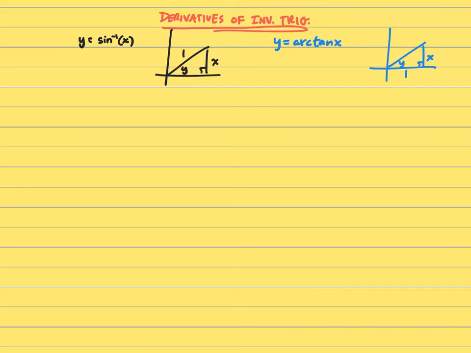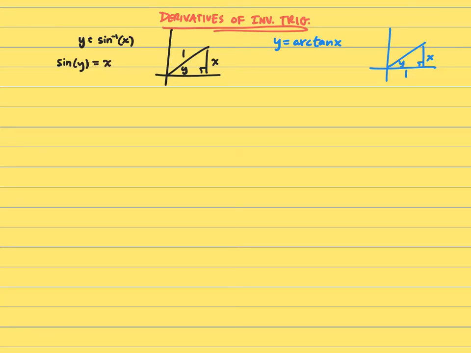So here I've sketched the inverse sine function in the form of a right triangle. Right? So if y, an angle, equals the inverse sine of x, then a right triangle with an acute angle of y would have a sine of x over 1. Now, I don't know how to find the derivative of inverse sine of x in this form, but if I rewrite this in the form sine of y equals x, that's an equivalent form.